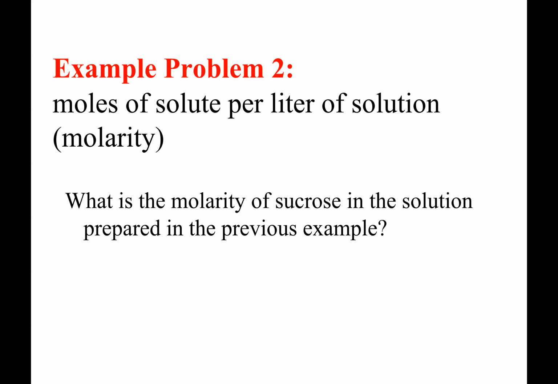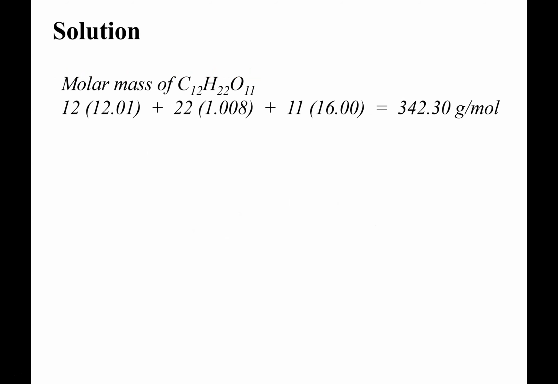I get to use the molar mass, exactly. And I'm going to use the molar mass to make sure that I get units of grams to cancel and be left with units of moles in the numerator. So actually it's going to be kind of divided. So here's the molar mass of C12H22O11. So we're going to take 12 times 12.01 plus 22 times 1.008.